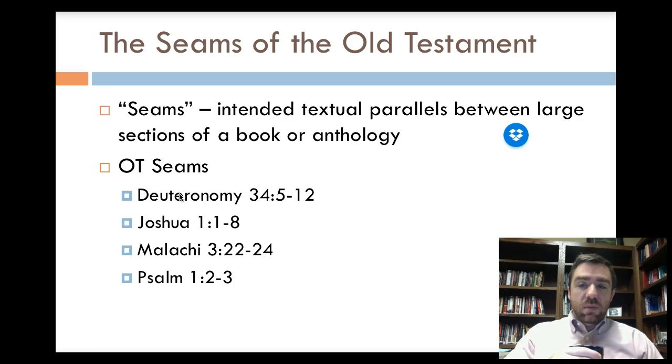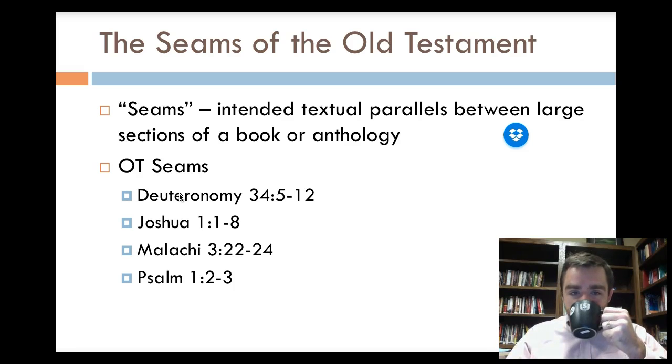So the end of the Pentateuch, the first section of the Hebrew Bible, and the beginning of Joshua, the beginning of the next section, the prophets, is a seam, and then the end of Malachi is also related to both of those passages. So that's the end of the prophets, and then the beginning of Psalms. Psalm 1 is related to all three of those.